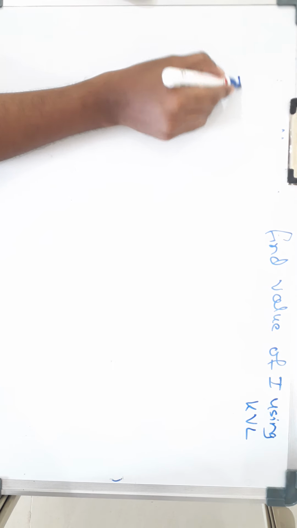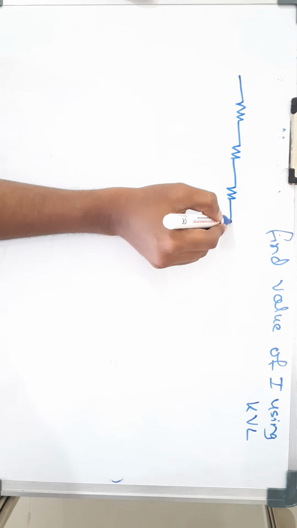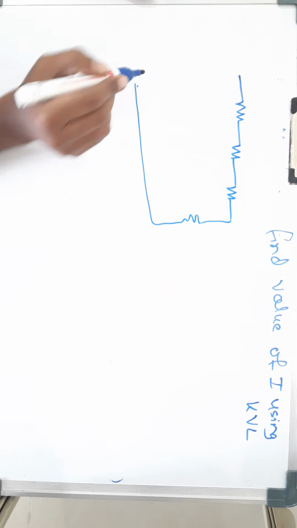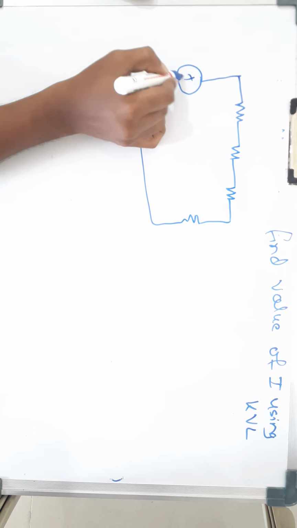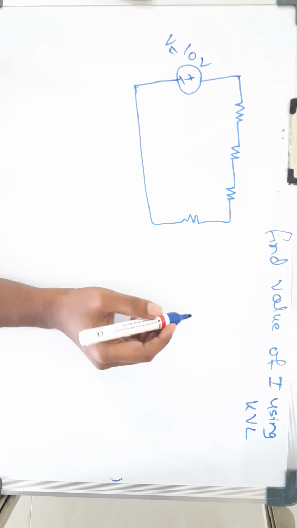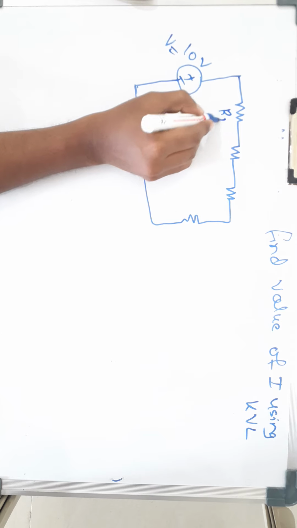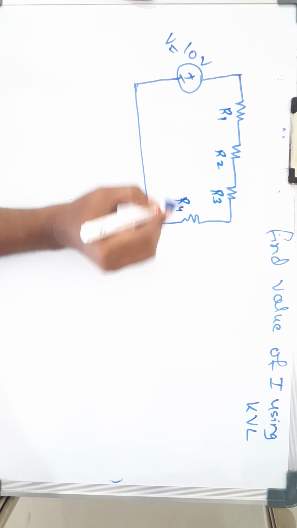I will draw the circuit. For this I will take 4 resistances and one voltage source, plus minus V equal to 10 volts. Then I will mark R1, R2, R3, R4.